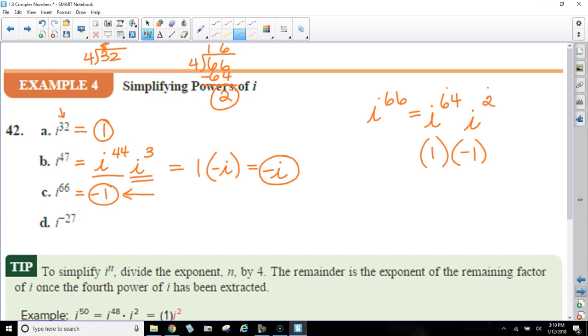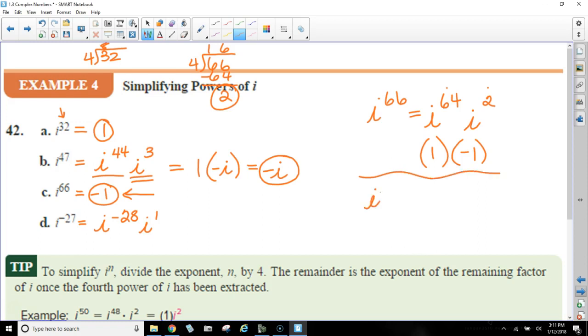For i to the negative 27th, negative 27 is not a multiple of 4. So what we can do here is break it down into i to the negative 28, and then left over we have i to the positive 1st. Now, the question arises, is i to a negative multiple of 4 also going to be 1?